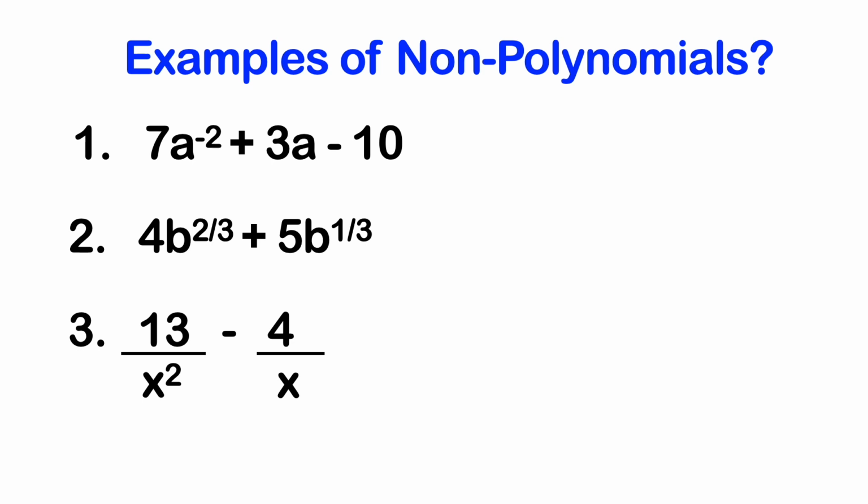Dapat walang variable sa denominator. Number 4, 9 raised to the x power minus 8y plus 2. So, yung first term na 9 to the x, ang exponent ay variable. So, na-violate niya yung dapat ang exponent ay whole number.